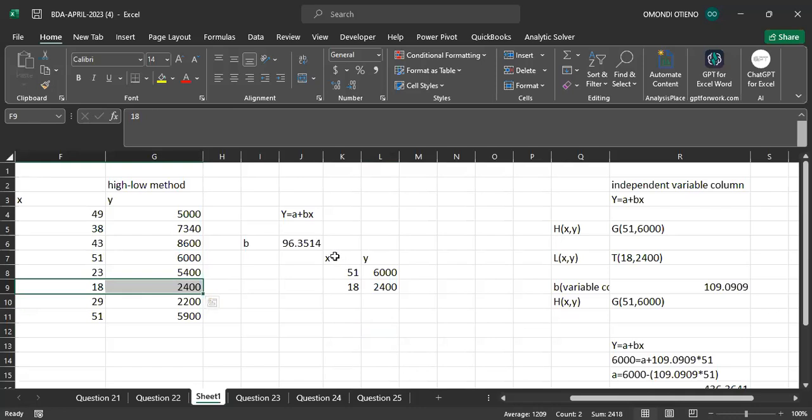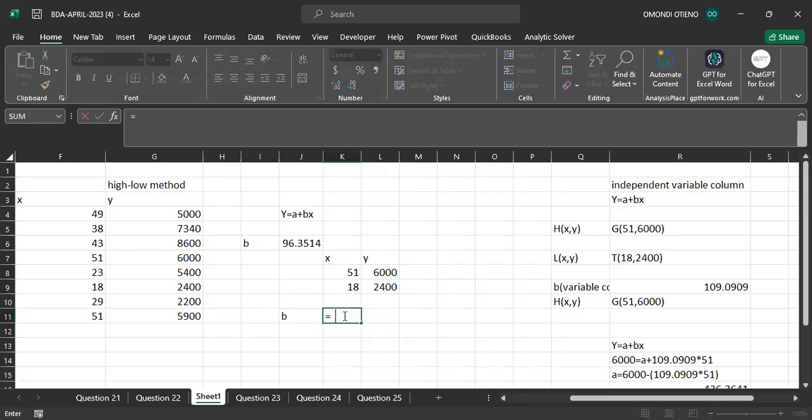Now, let's assume these are the only observations because we picked these ones here. Are we able to use the slope function to arrive at the value of B? Let's get the value of B equal to slope. Known values of Y are these ones here, comma. Known values of X are these ones here. If that is done, what are you getting as the slope?